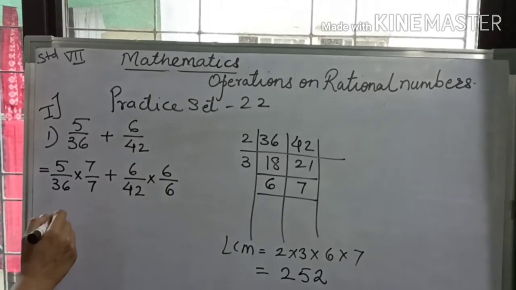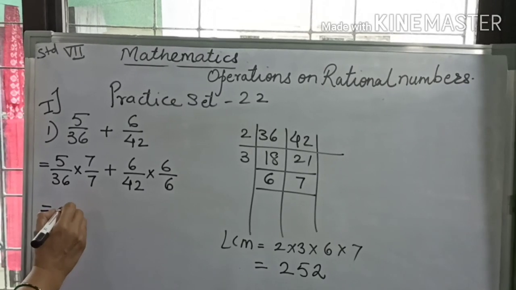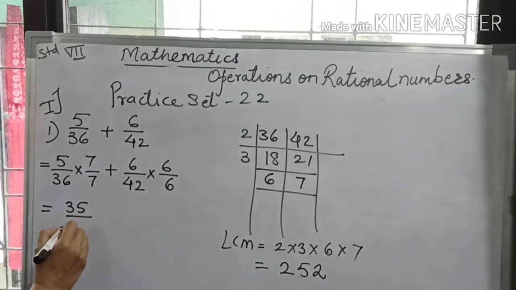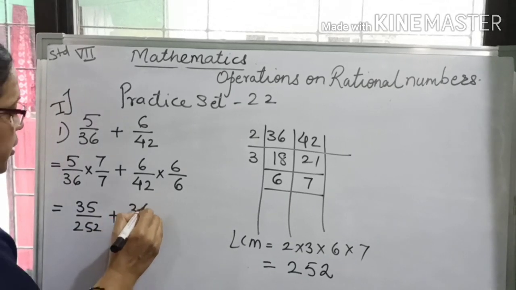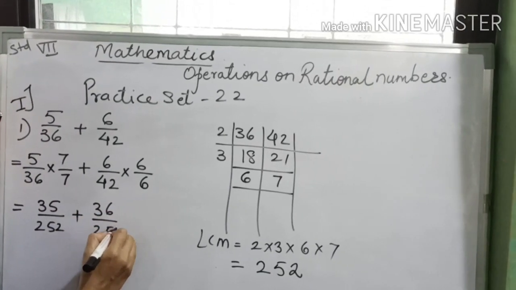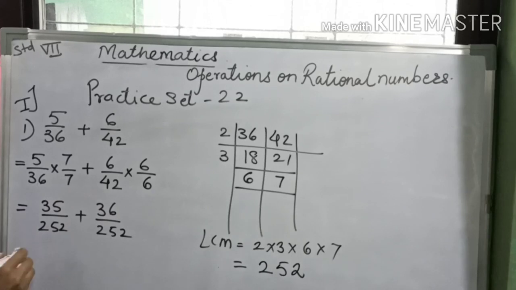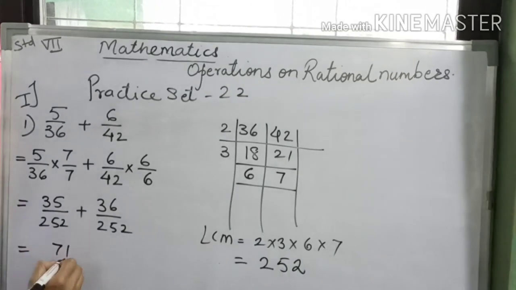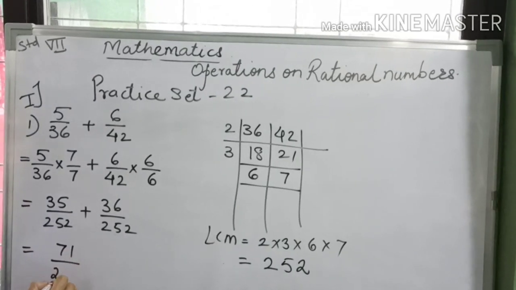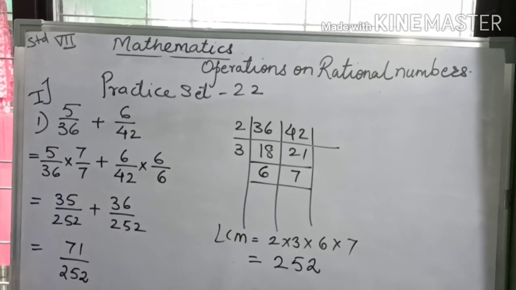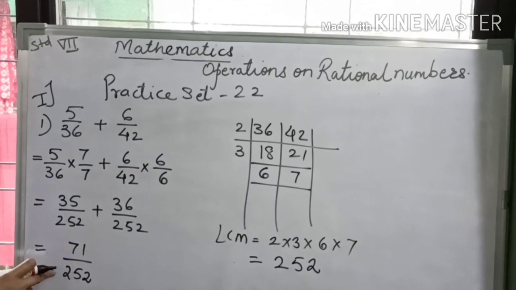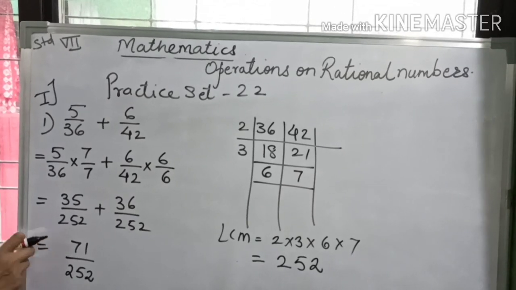This you can do in the rough. So you get here 35 upon 252 plus 36 upon 252. So the addition comes to 71 upon 252. This is your answer. We cannot reduce because 71 is a prime number.